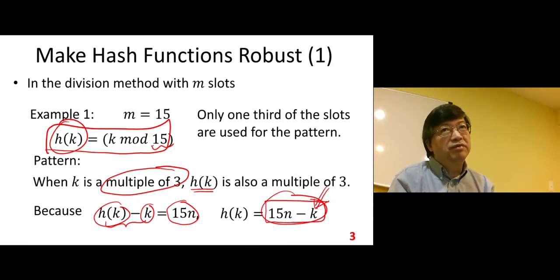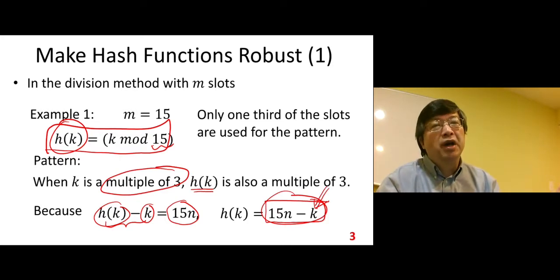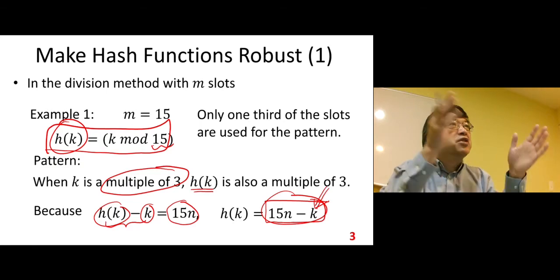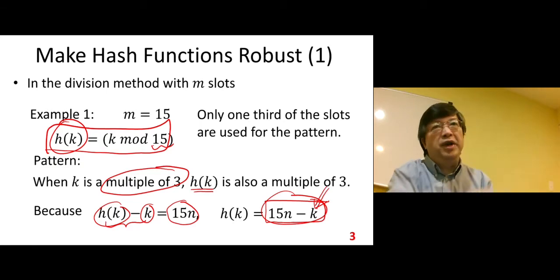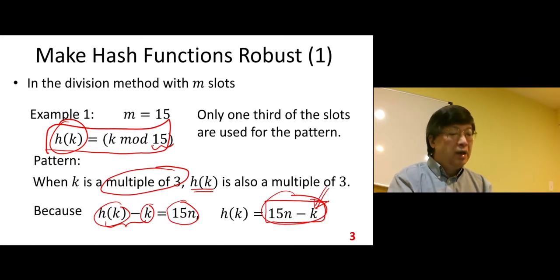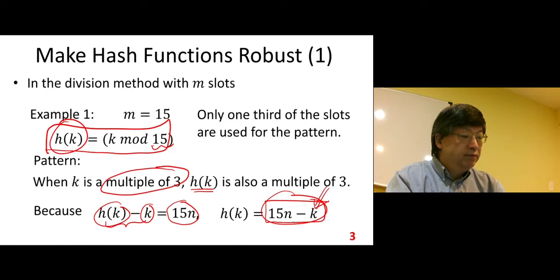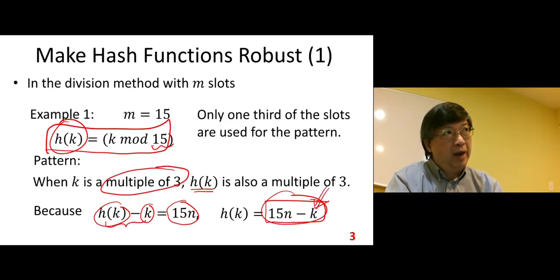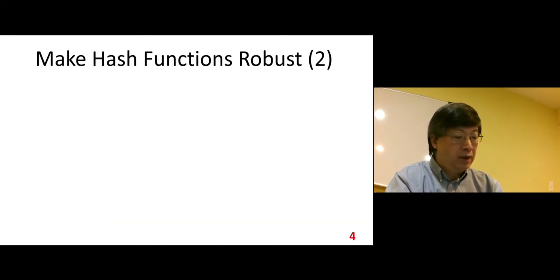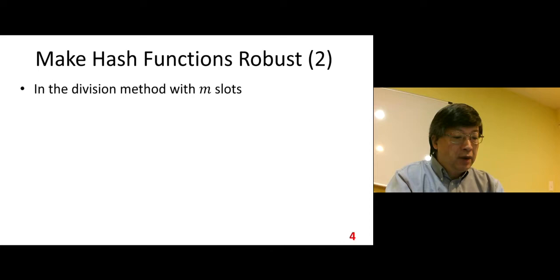That's not efficient. You have 15 slots, but you can only use 5 slots to store your data. So that's a really bad algorithm. That's the reason this method is not robust, very bad, caught by a certain pattern.